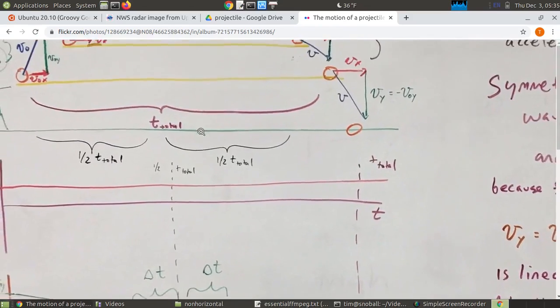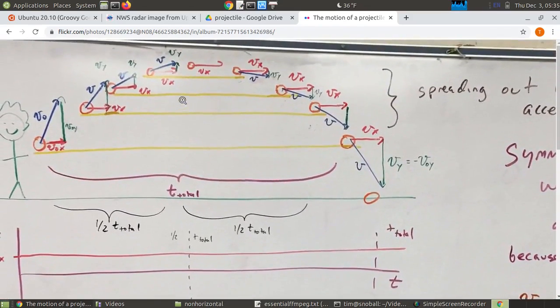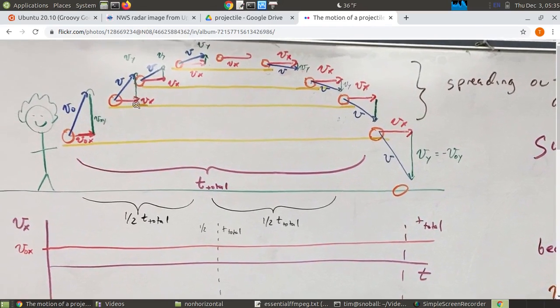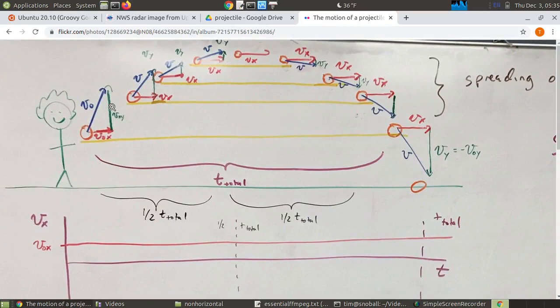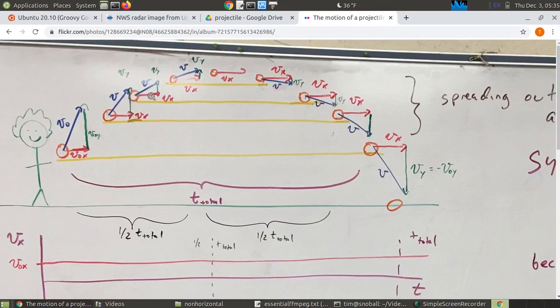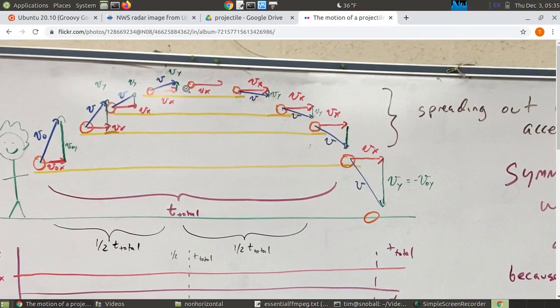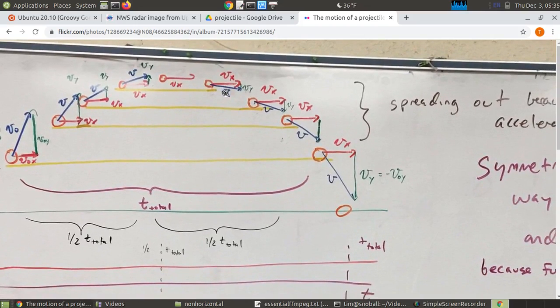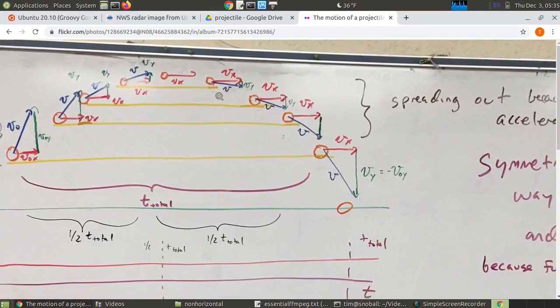So if we were going to look at what the velocity of the ball is as it flies through the air, if we just look at the real velocity, which would be these blue arrows, we kind of miss the pattern. Clearly, the velocity decreases to a minimum and gets as flat as possible, and then it increases back again and gets as down as possible.